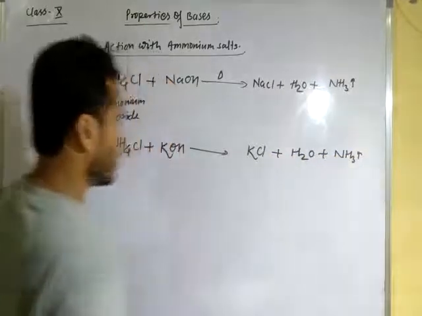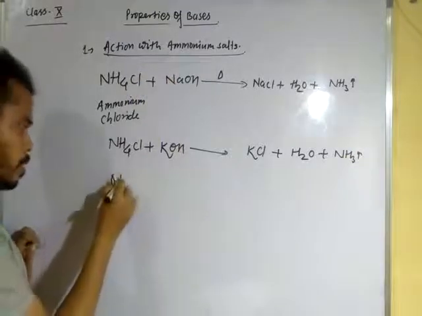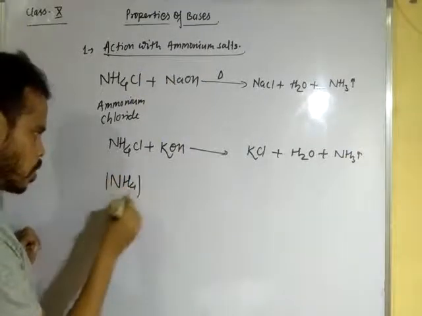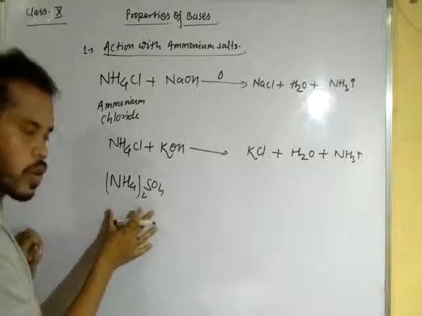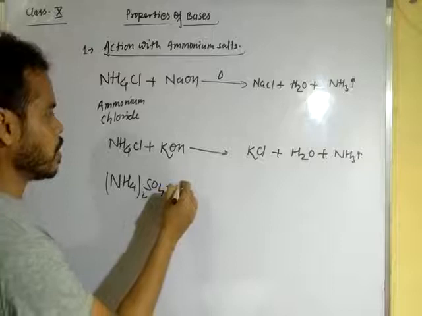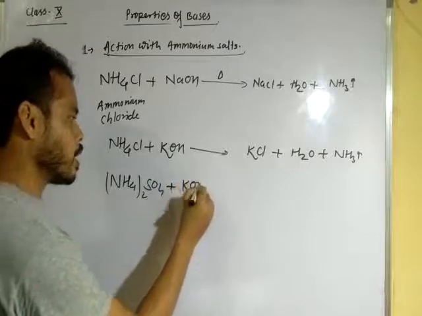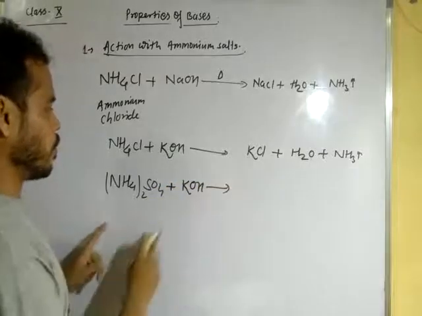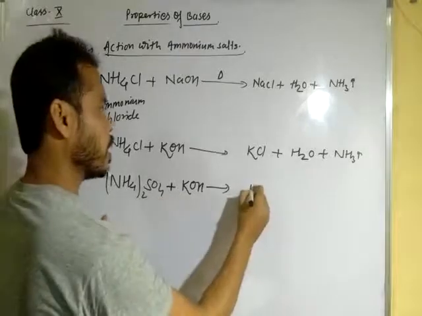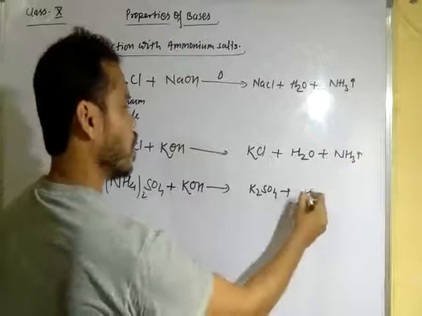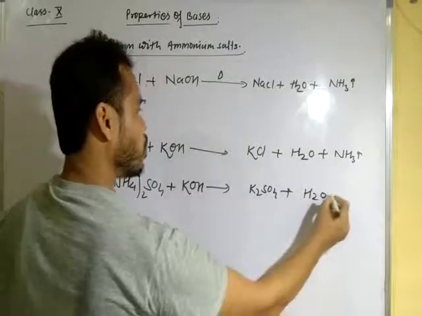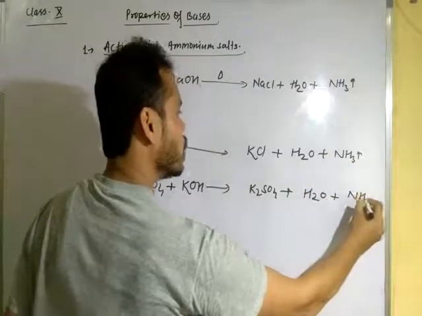Suppose another kind of ammonium salt, (NH4)2SO4, ammonium sulfate. This is also an ammonium salt. When treated with potassium hydroxide, it will form potassium sulfate, K2SO4, plus H2O and NH3.